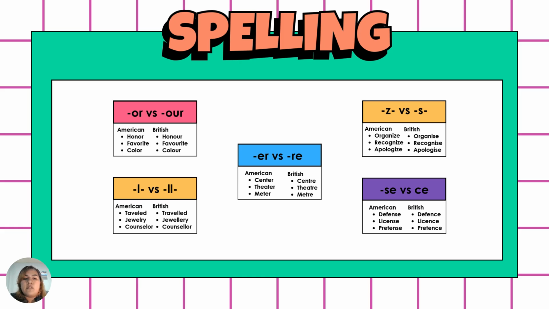L versus double L: American trouble, British travelled, American jewelry, British jewellery, American counselor, British counsellor.